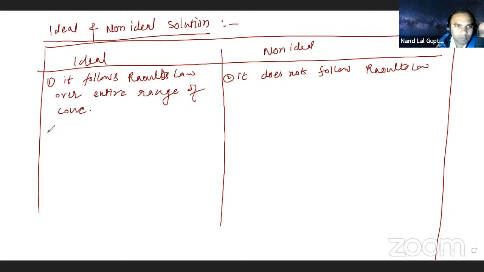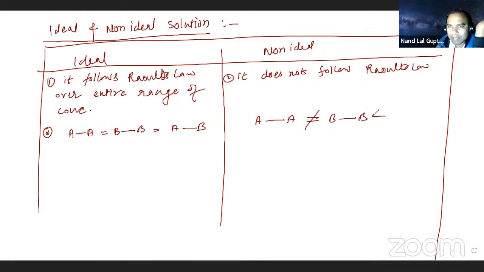Second point. Here A interaction is equal to B interaction is equal to AB interaction. Here A interaction is not equal to B interaction is not equal to AB interaction.